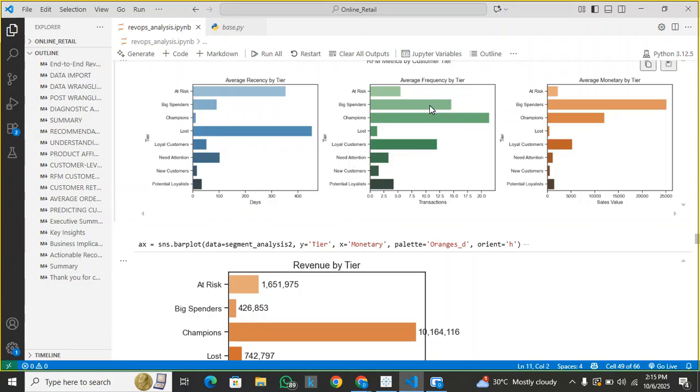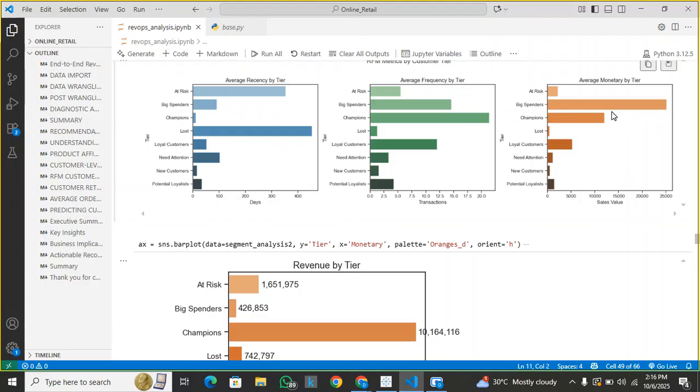So the average frequency by tier, the number of times they buy. Champions, of course, they are our best customers. They buy very frequently, followed by the big spenders, and then loyal customers, and then at-risk customers. So at-risk customers need some attention actually because they are doing well as regards frequency.